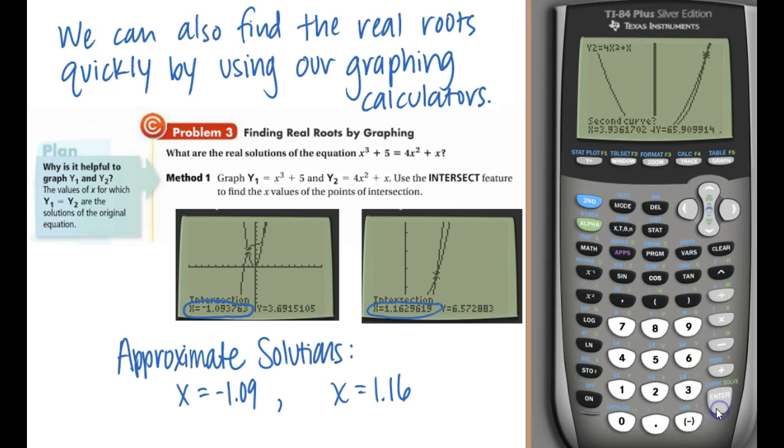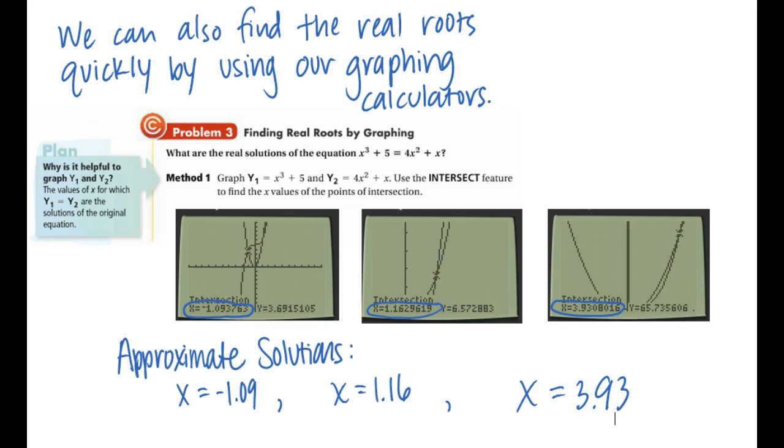And it's on the first curve, enter, second curve, enter, and lastly, it finds the remaining intersection point. The x-coordinate is approximately 3.93. So using the first method of graphing each side of the equation separately and finding the intersection points, we got the approximate solutions of negative 1.09, positive 1.16, and positive 3.93.